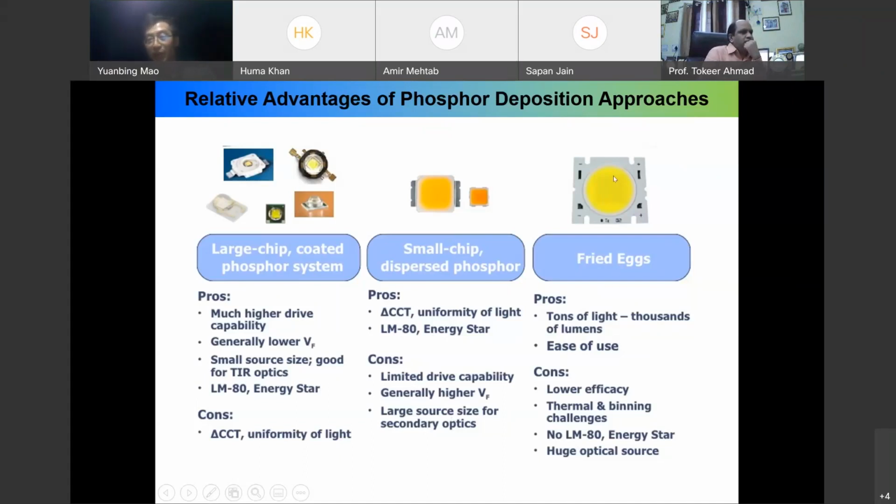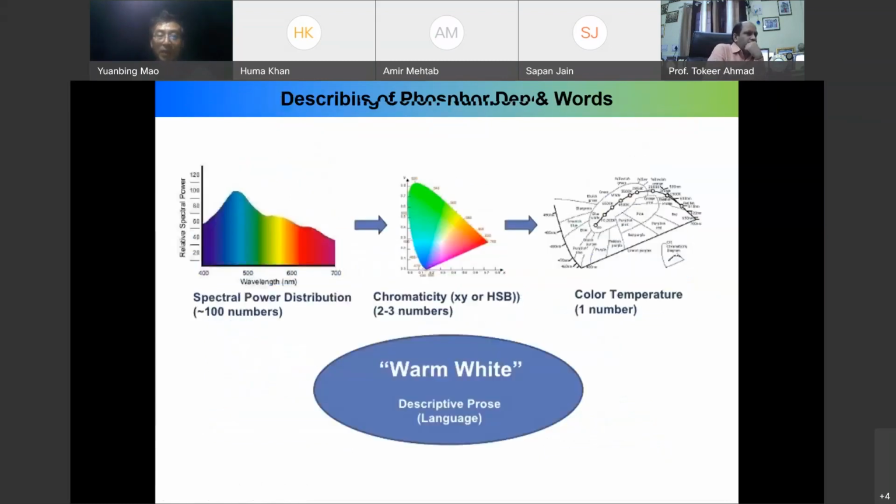And this one is really like the floodlight. That's why it's called the floodlight. Tons of light, thousands of lumens. Easy to use, but the efficacy is low. Thermal and building challenges, so those types of things, right? Huge optical source. Those are the problems with that.